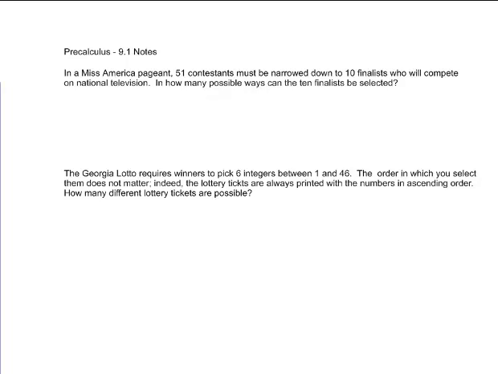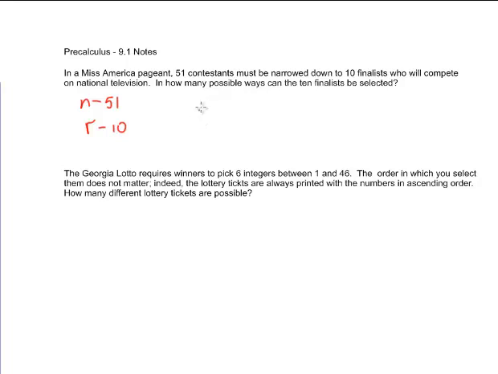So when we look at this, we're actually going to look at a combination to narrow it down to the 10 finalists. It doesn't matter what order those 10 finalists are chosen. It just matters after that who gets first, second, third, and so forth. So basically we've got 51 items, 51 girls, and we've got 10 spots.